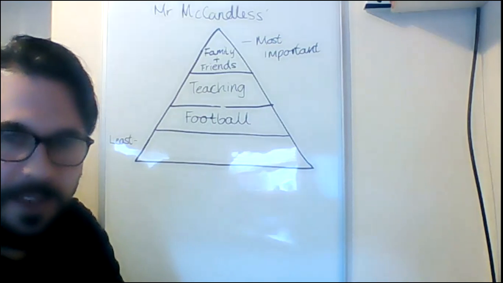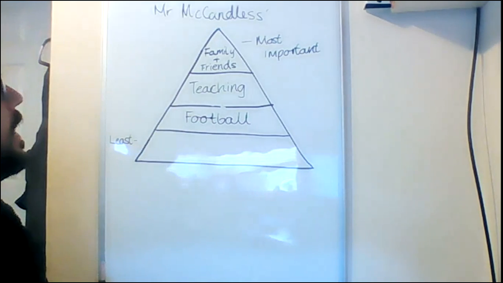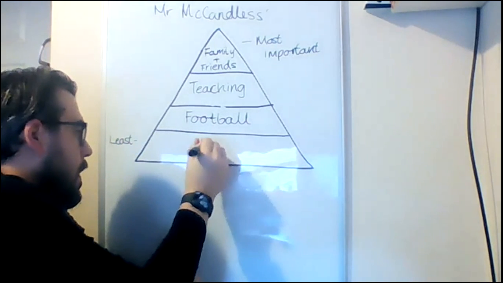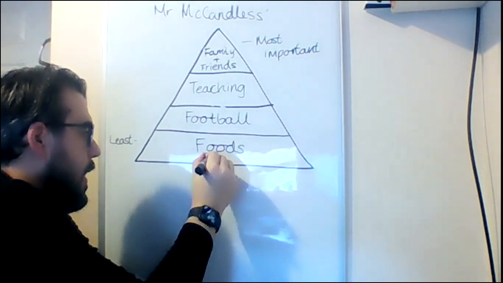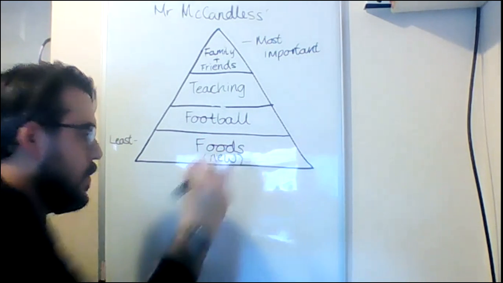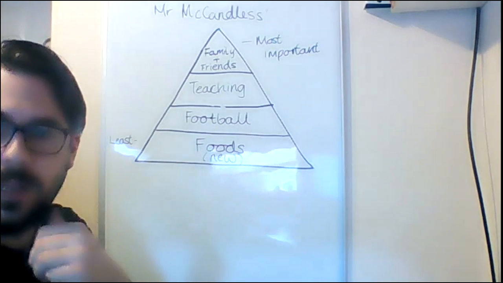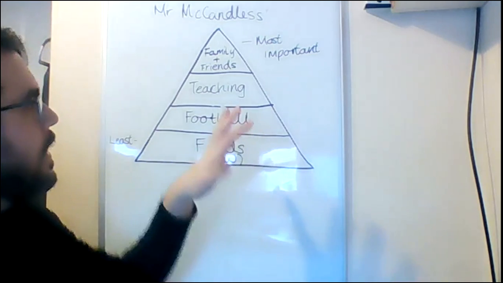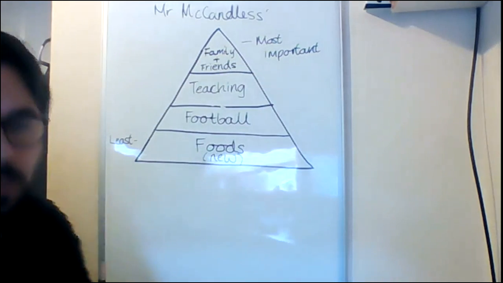Doesn't matter whether your team win or lose or draw, I still love football. And then finally, I'm going to go with foods, and I'm going to put in brackets new, because as you all know, I'm newly a vegetarian, so I'm getting lots of different foods. I'm really enjoying that. So this is a depiction, a picture of my pyramid of what is important to me.